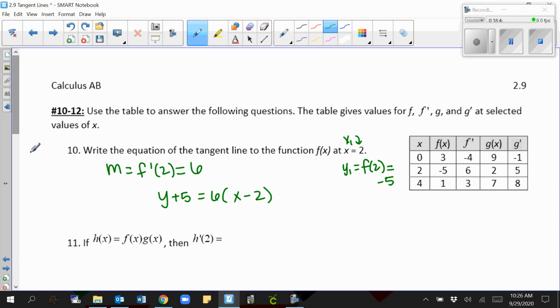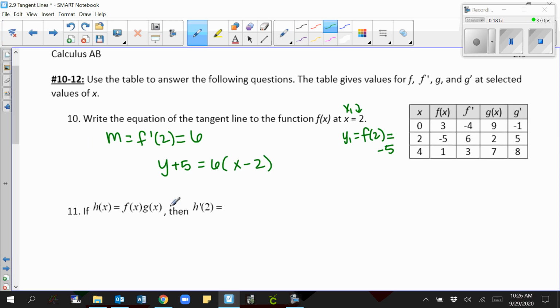All right, 11. If h of x is equal to f of x times g of x, then what is h prime of 2? Well, if I have an f of x and a g of x, then I need to use my product rule.